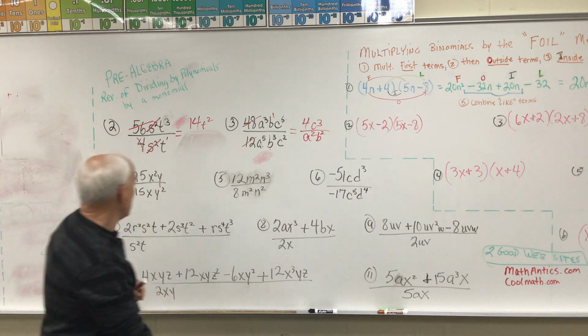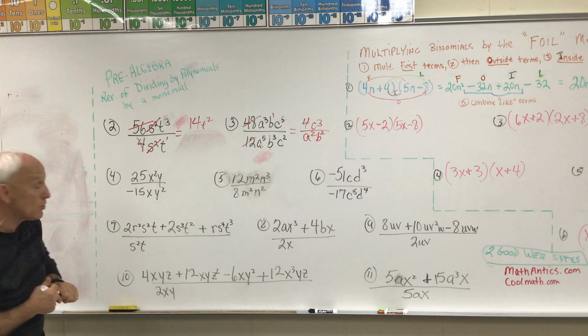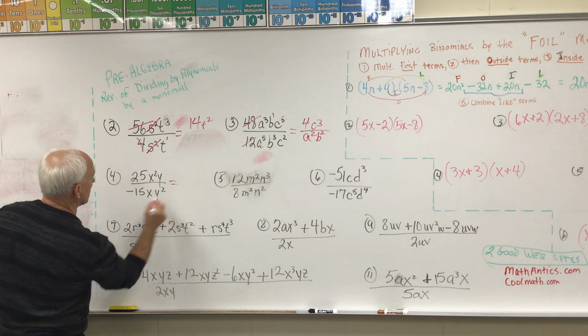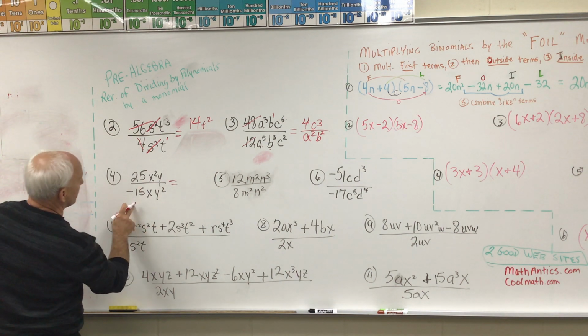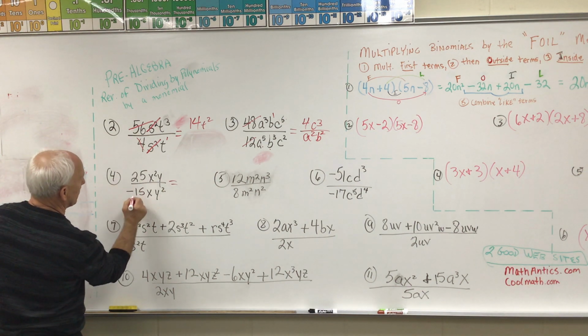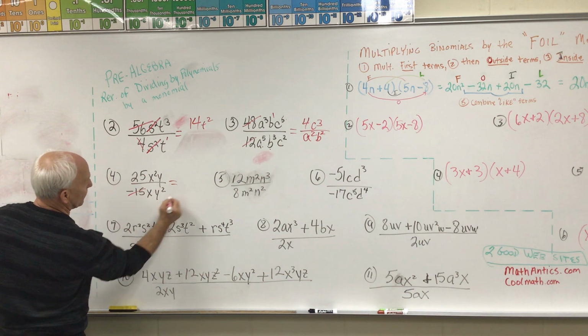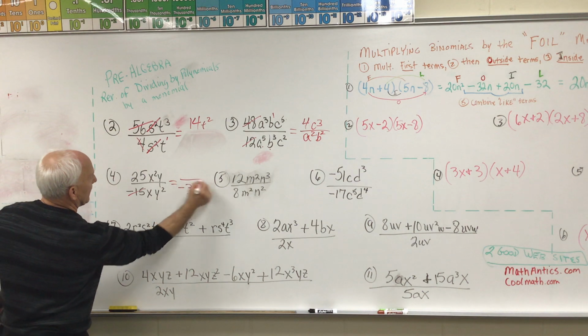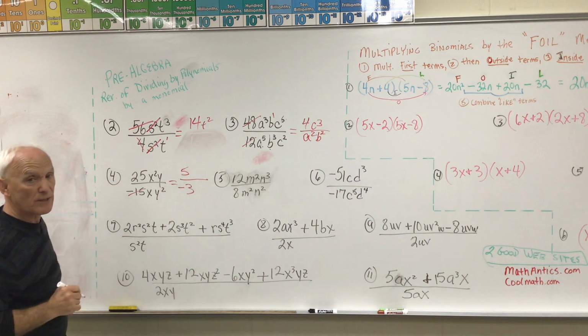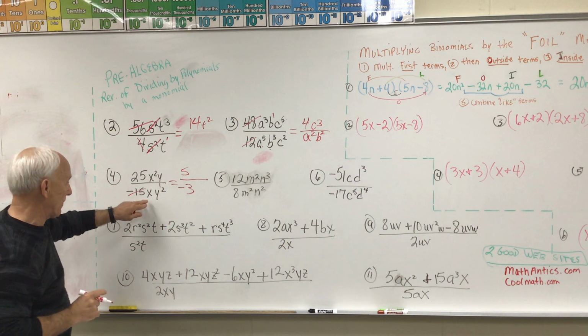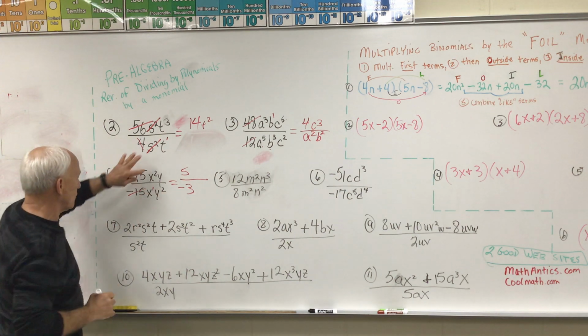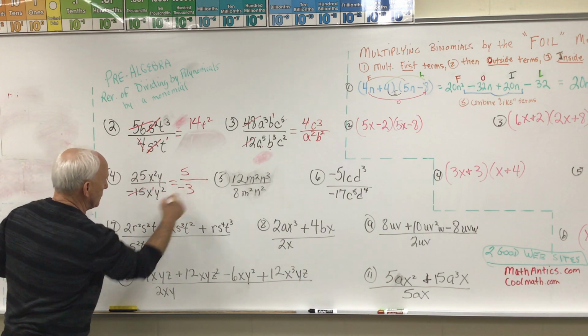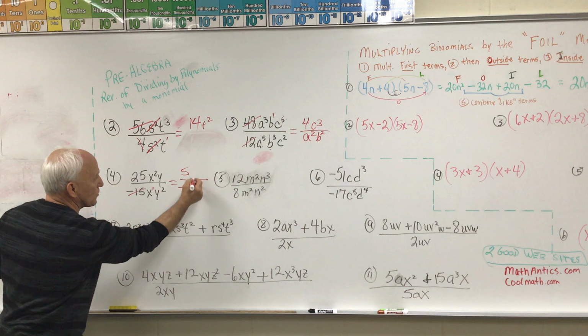All right? We have a few more of these to do, so I'm going to do them quickly. Watch this. Negative 15, positive 25. Divide that by 5, and what do you get? You get negative 3. Divide that into that, and you get 5. Can we go any further and simplify? No. All right. x to the first, x squared.